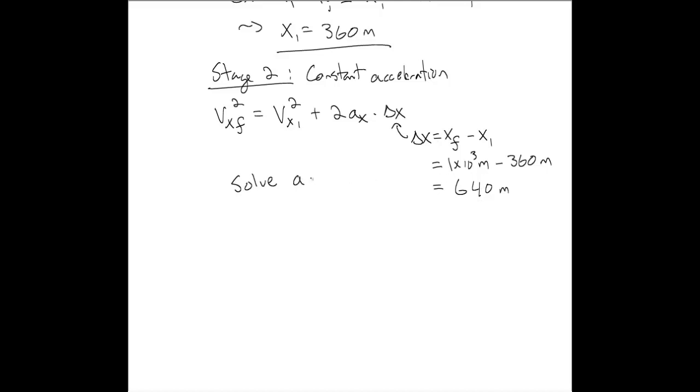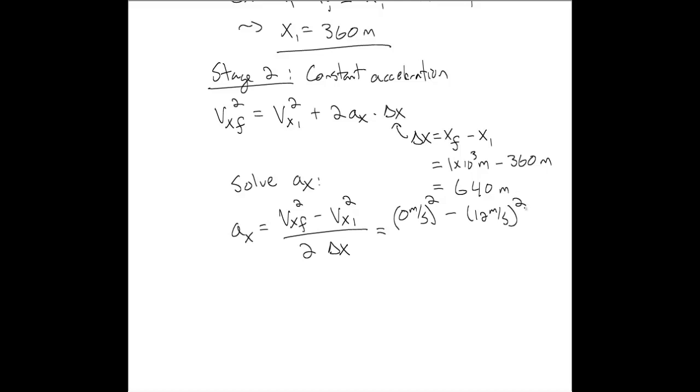Okay, so that's what we're going to mean by delta x. We want to find ax, and we know everything else in this equation. So strictly speaking, we can go ahead and solve for it. I'm going to do so algebraically, moving things around, such that ax is vxf squared minus vx1 squared all over 2 delta x. So now plugging in what we know, well, the final velocity is 0 meters per second, and the initial velocity was 12 meters per second.